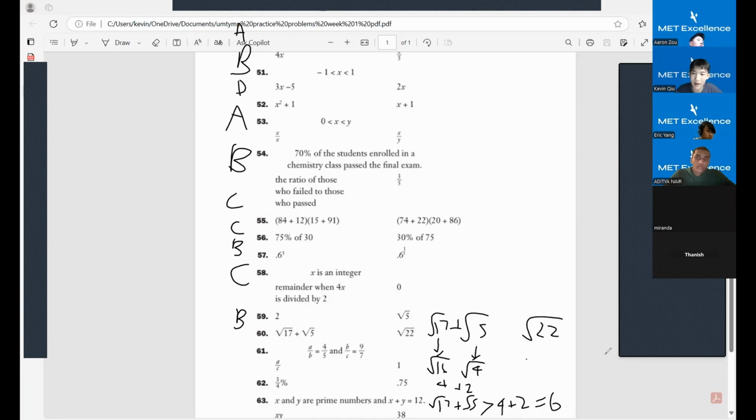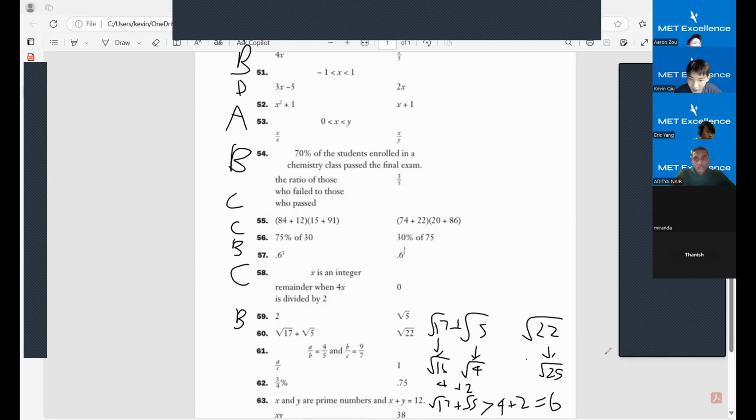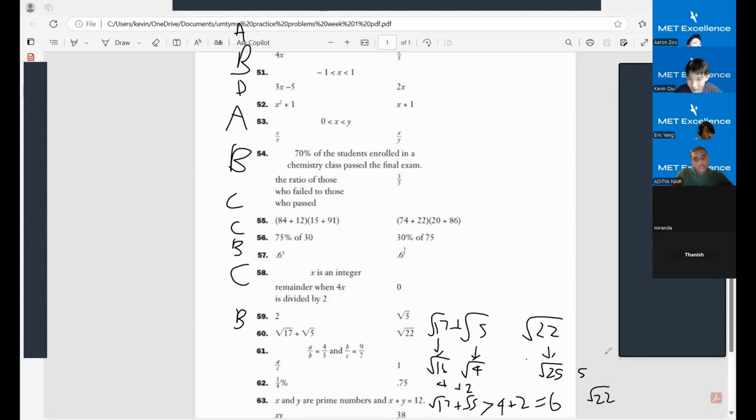On the other hand, the square root of 22 is less than the square root of 25, which is 5. So the square root of 22 is less than 5, and the square root of 17 plus the square root of 5 is greater than 6. Just because of this, the square root of 17 plus the square root of 5 is greater than the square root of 22, so the answer is A.